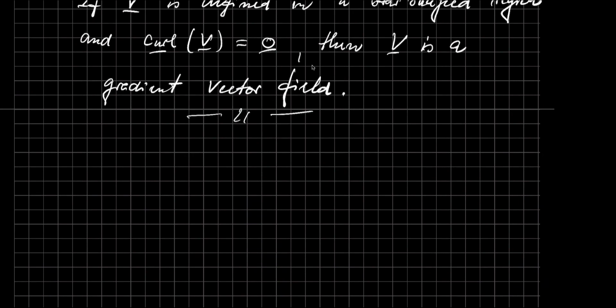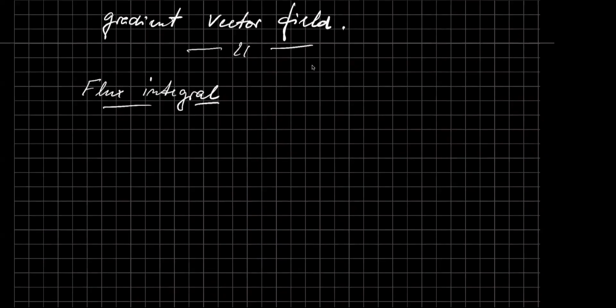The next integral I want to look at is the flux integral. Here you have the flux through a surface. So let me define the surface. I have here a surface, described by two parameters.